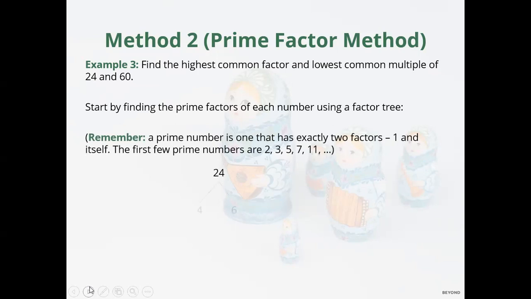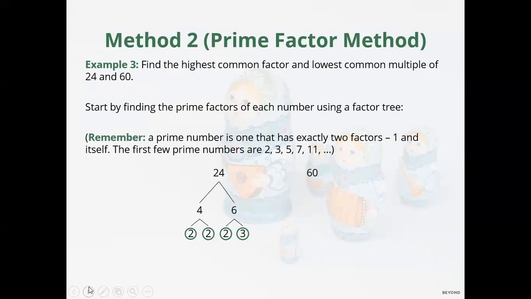Okay, let's move on. 24. Start with this: 24 is divided into 4 and 6. That 4 can be further divided into 2 and 2, and the 6 into 2 and 3. Let's go to 60 first.